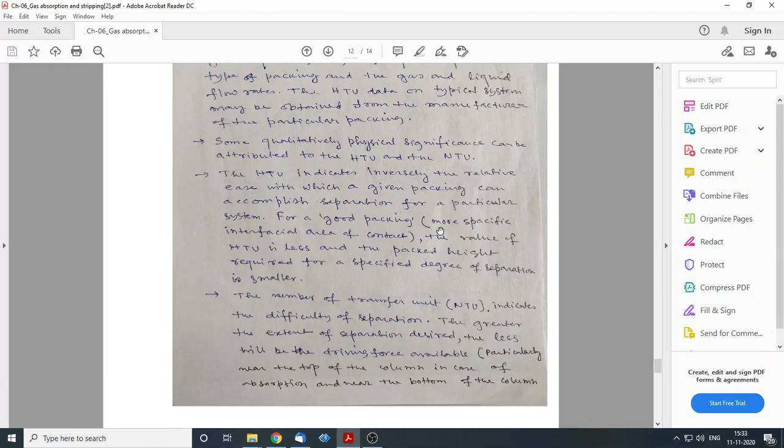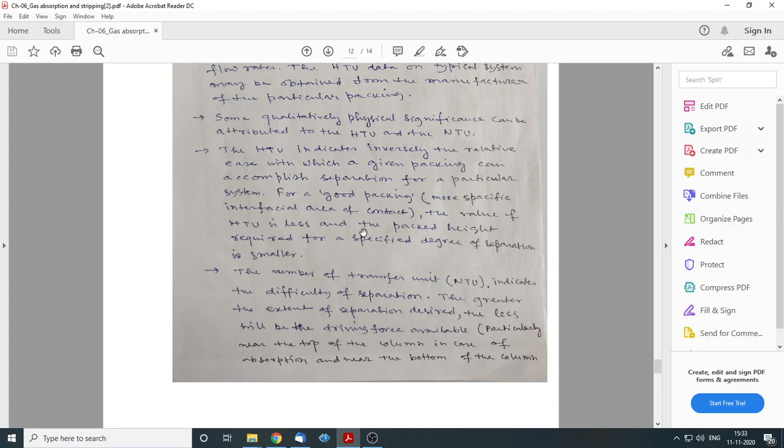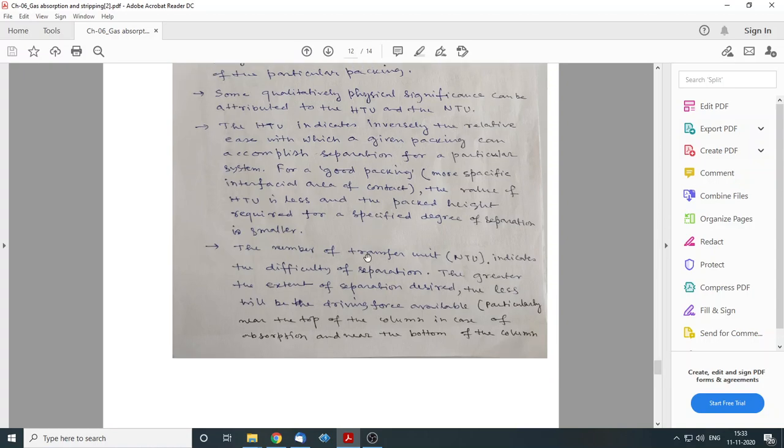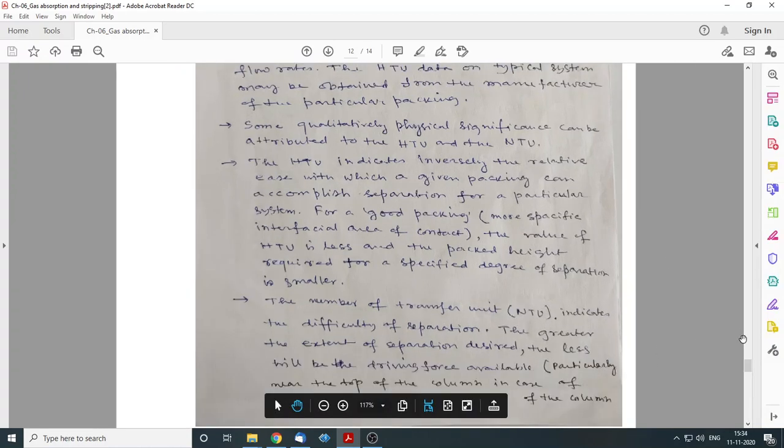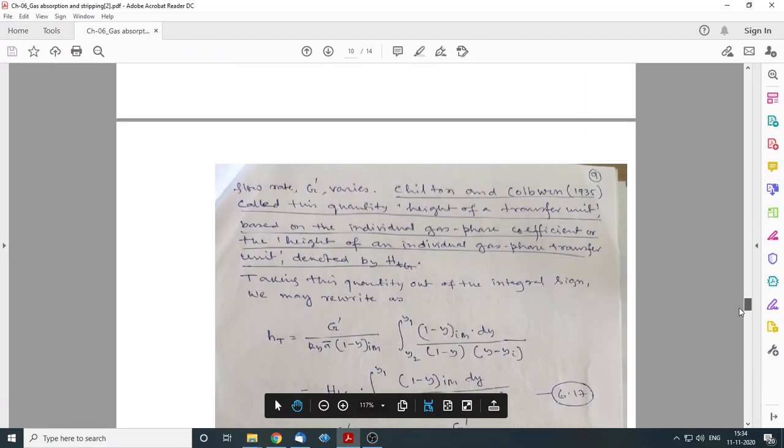For a good packing, with more specific interfacial area, the value of HTU will be less. That's why I was telling. The packed height required for a specified degree of separation is smaller. Number of transfer units NTU, sometimes it is called NTG. If you see this one, I'll tell you.